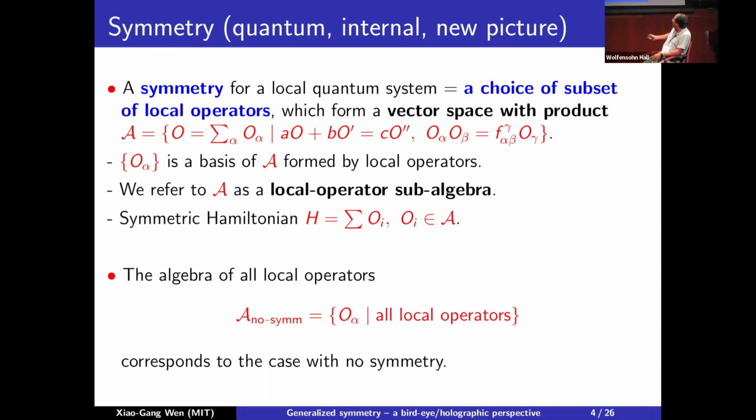Certainly, if you choose all the local operators, not a subset, that corresponds to the case with no symmetry. So the algebra of all local operators corresponds to no symmetry. But if you choose a subset of operators, then you have some symmetry, and this turns out to be generalized symmetry. So one can view generalized symmetry from this operator algebra point of view.